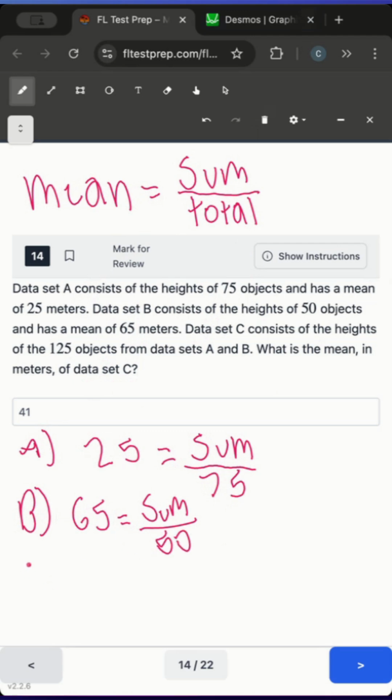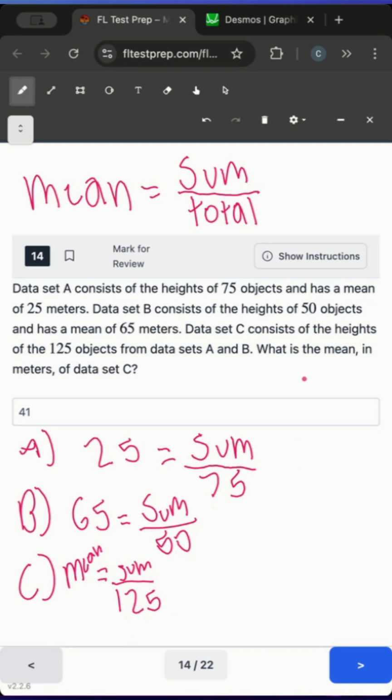And then we have C. C consists of the heights of 125 objects from data sets A and B. What is the mean? We don't know the mean, and we also don't know the sum of C. But it looks like we have all the objects of A and B. So wouldn't it make sense that the sum of C would also be the sums of both A and B? That's how you solve this.